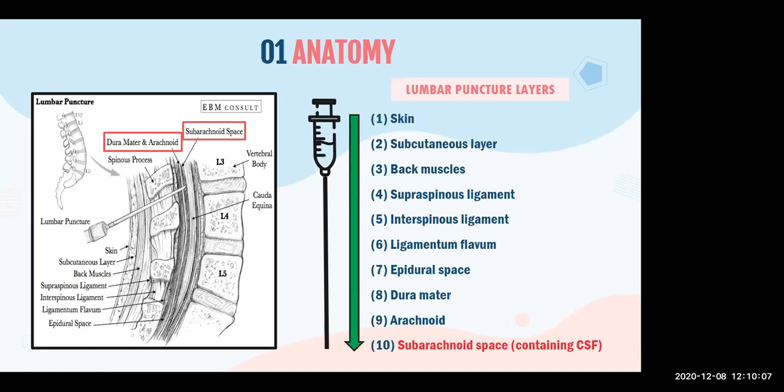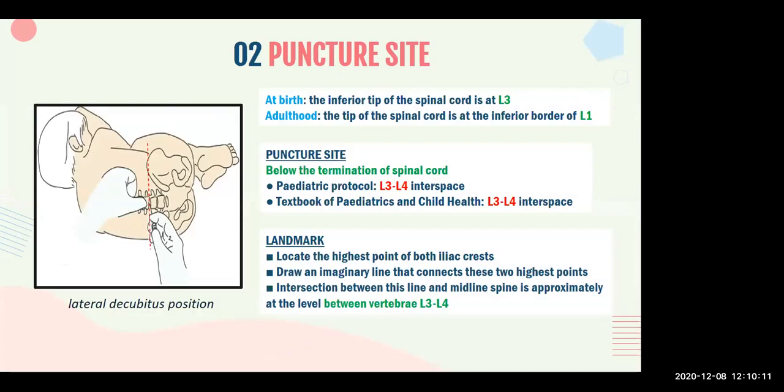So where is the site that we need to insert the needle, to ensure that we do not do anything wrong or cause complications to the CNS part, which is the spinal cord? The puncture site must be below the termination of the spinal cord. At birth, the spinal cord ends at L3, but in adulthood, the tip of the spinal cord ends at L1.